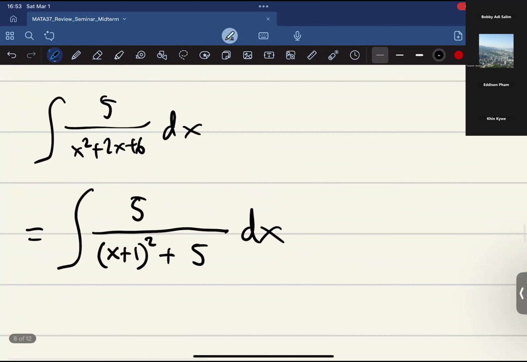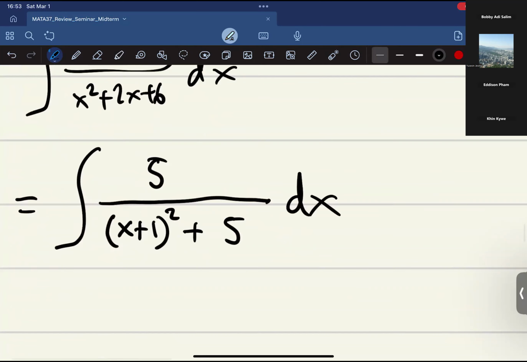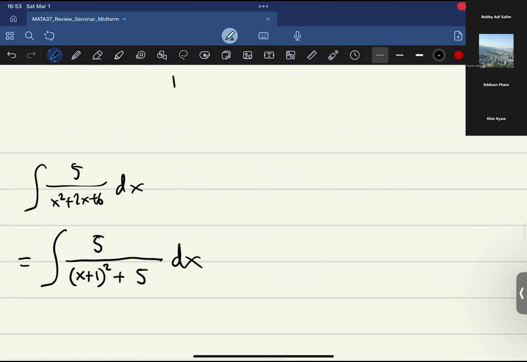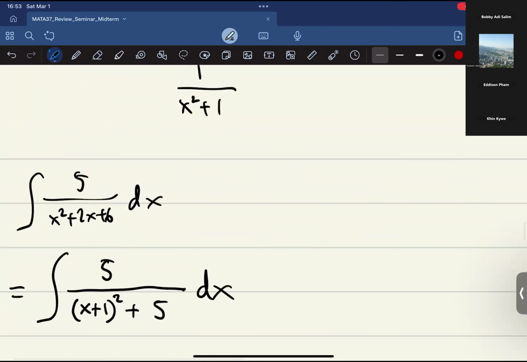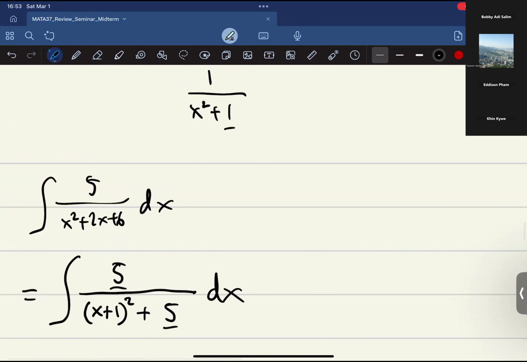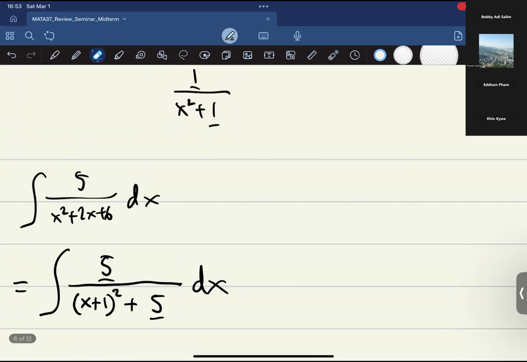And the reason why we're doing this is because this looks very similar to the derivative of arctan, which is 1 over x squared plus 1. The difference is only here we have a 1 and 5, and also here. But we can do some manipulations to get rid of them.